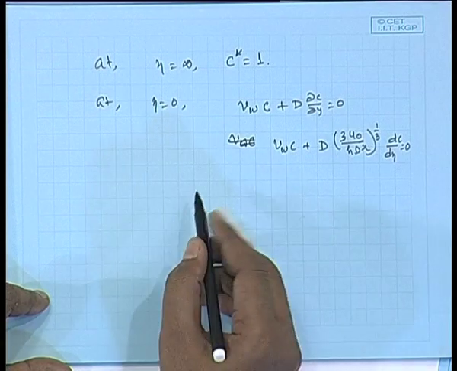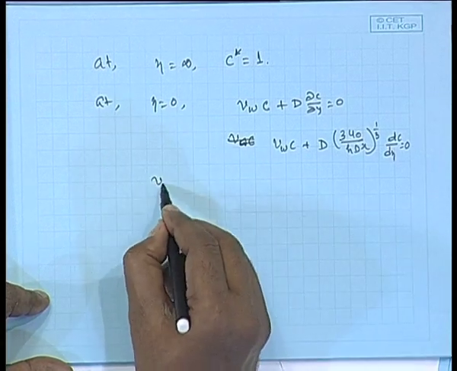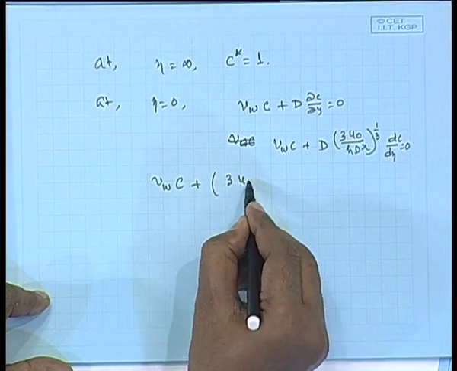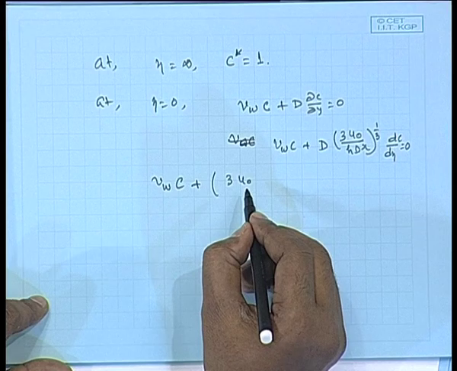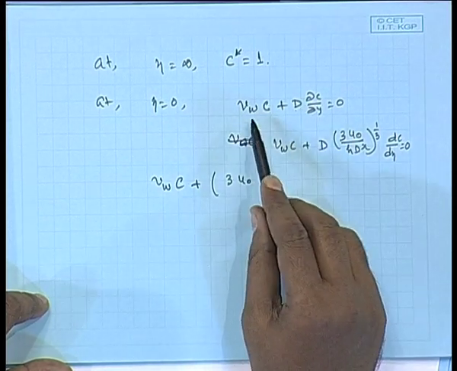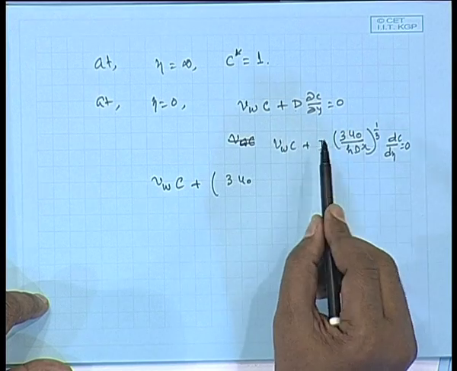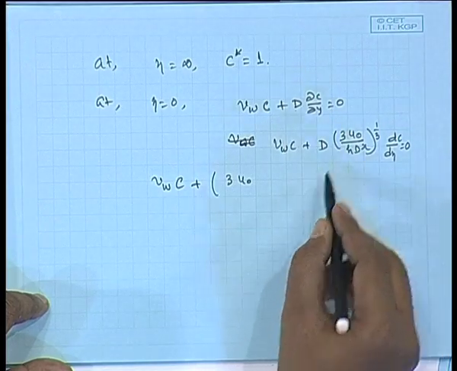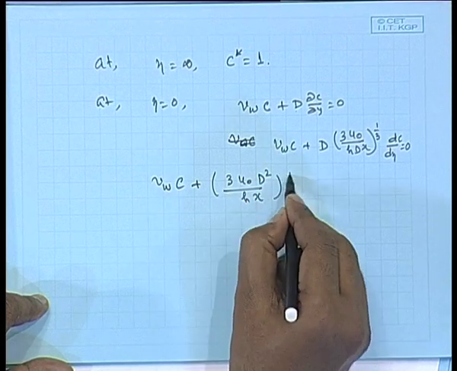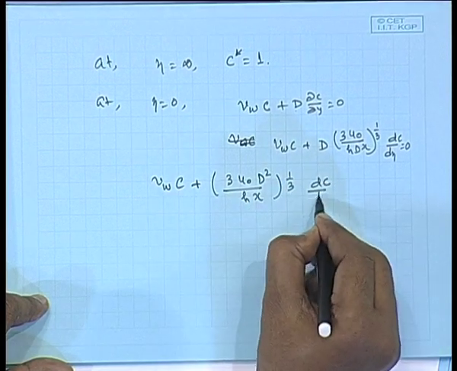Now, what is this? VWC plus 3 U0. No, D del C del y plus VWC. Just look into the boundary condition at y equal to 0. So, 3 U0 D square by Hx raised to the 1 upon 3 dc d eta.